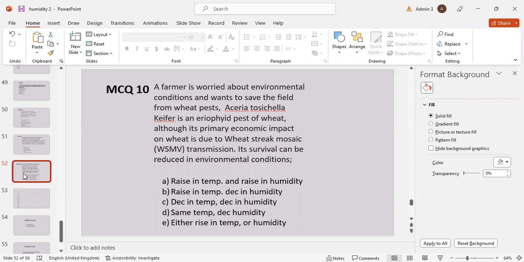B is raise in temperature, decrease in humidity. C is decrease in temperature, decrease in humidity. D is same temperature and decrease in humidity. E is either rise in temperature or humidity. Anyone? D. No, it is E. No, option is B.